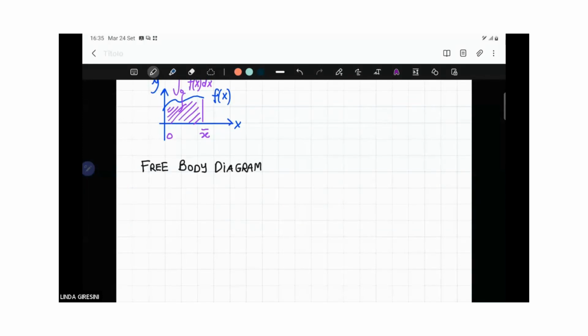So what is a free body diagram? Let's see it as an example. If you have a rigid beam, where are the others? Can you call the others, please? Someone can go out and call the others.